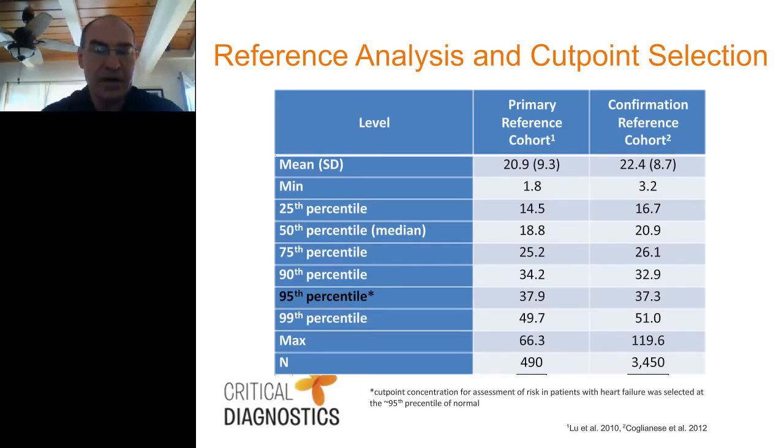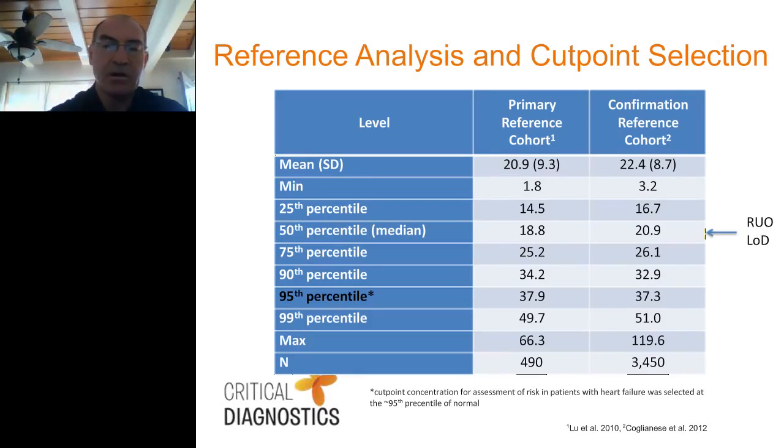And then that analysis was followed up with over 3,000 individuals from the Framingham heart failure study, which were also self-declared as well as clinically identified to be healthy individuals that were not currently diagnosed with disease or being treated for disease. And you can see that in these two cohorts we get very, very similar numbers using our test.